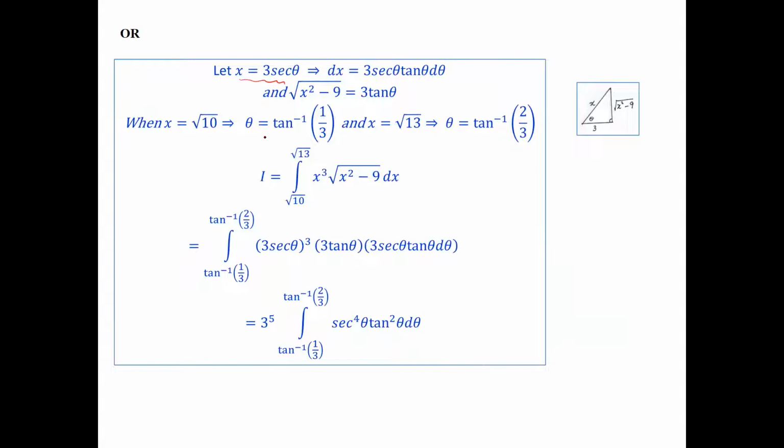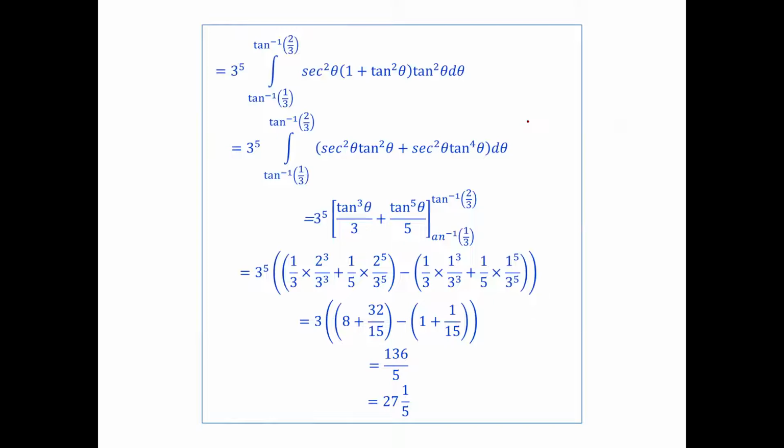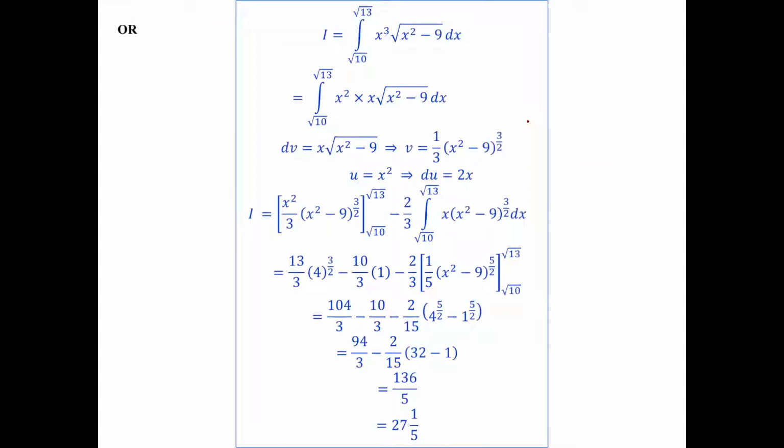It's best if the limits change in terms of arctan. That would make the substitution the easiest. Next option is to change x cubed to x squared times x, then use integration by parts.